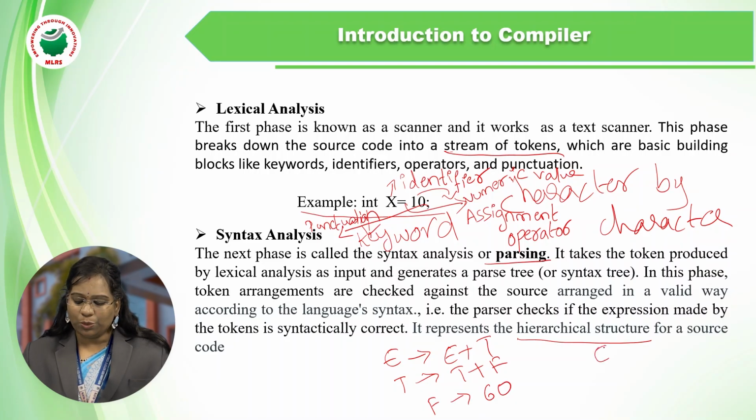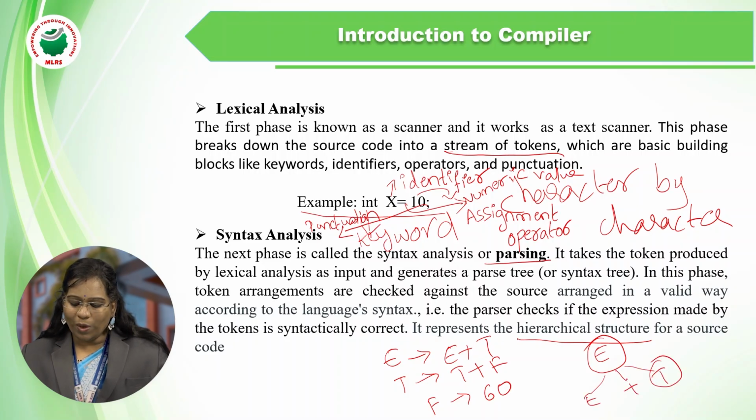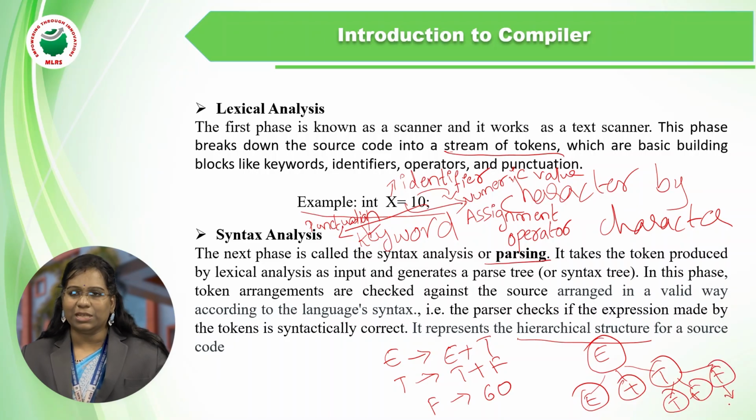First we write the parent node, always the capital letter, and we give the child nodes, that is E plus T. Again we write the T; in the place of T we substitute T plus F. And in the place of F we have a variable or numeric value, that is 60.